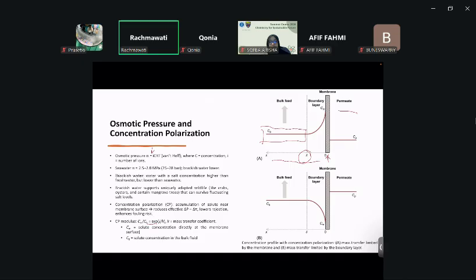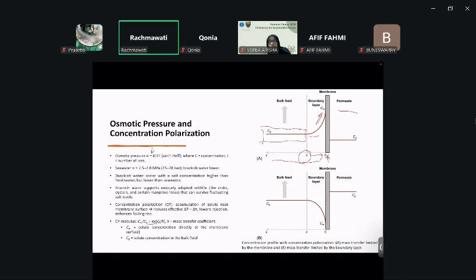But then you have an exponential concentration when you move to a shorter distance from the surface of the membrane: you have an increase of concentration on top of the membrane. That's that type.